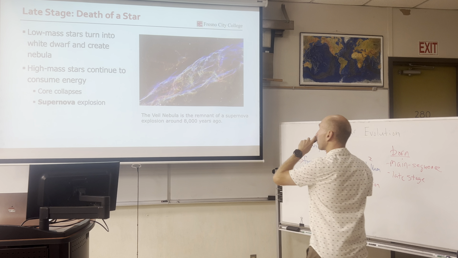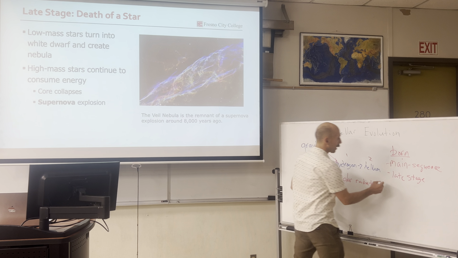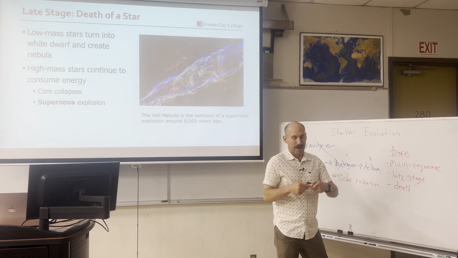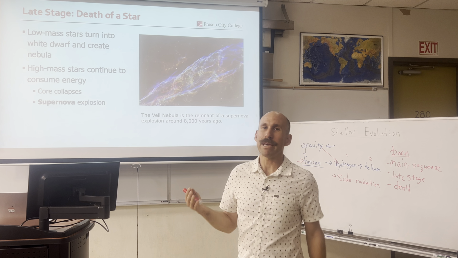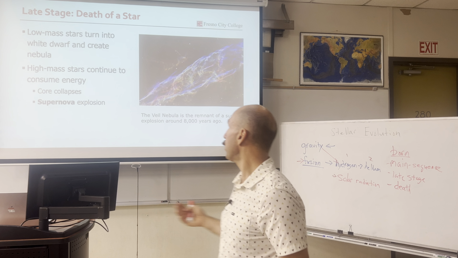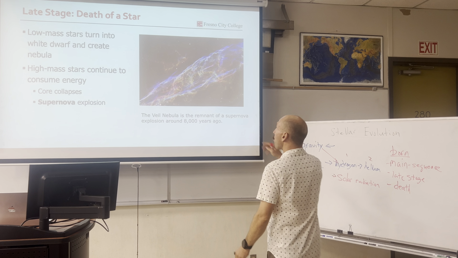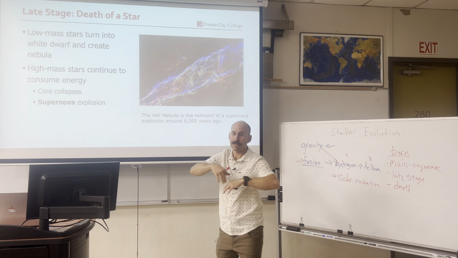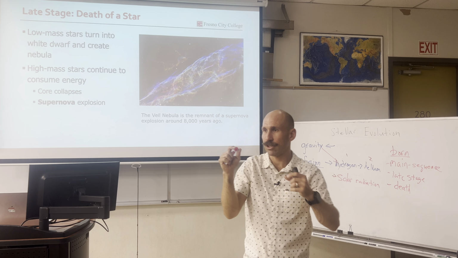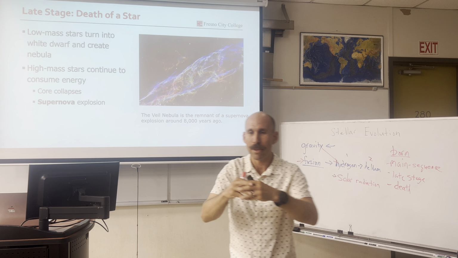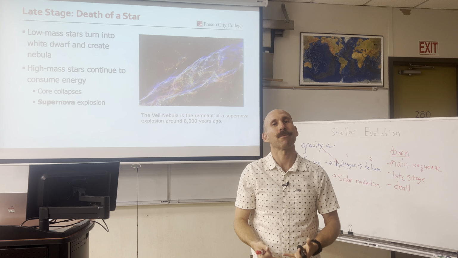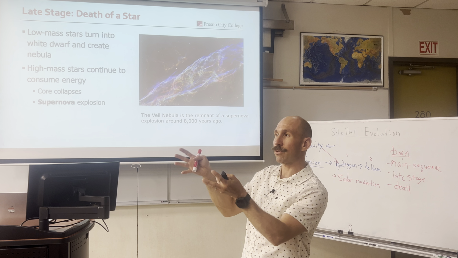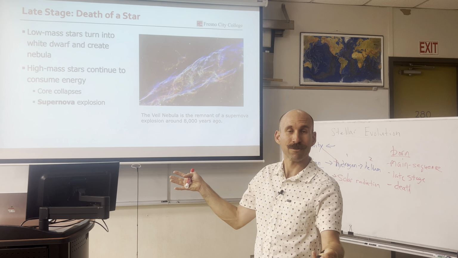Okay, what comes next? Well, after the late stage is the death of a star. And depending on how big that star has grown, a few different things can happen. Low mass stars turn into what is called a white dwarf, a small solar system body, and then it will be surrounded by a solar nebula, and that nebula will then be the nursery for the next star to form.